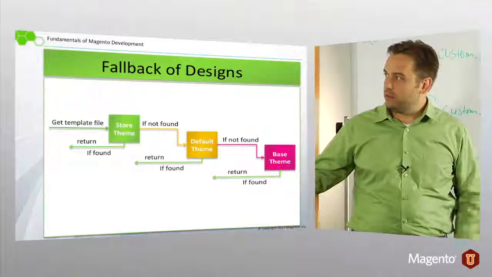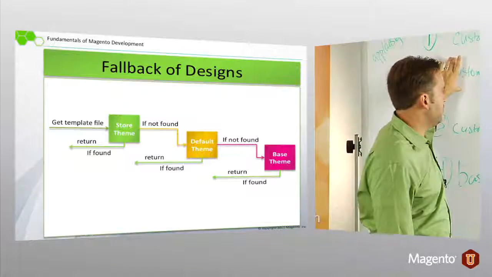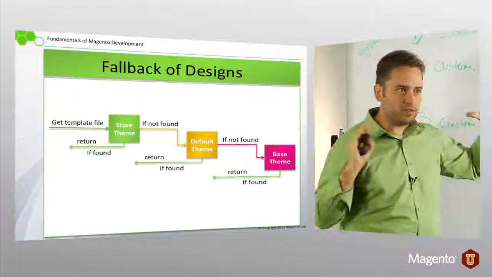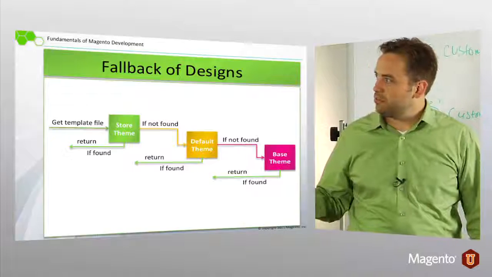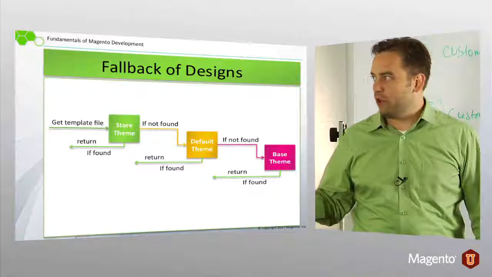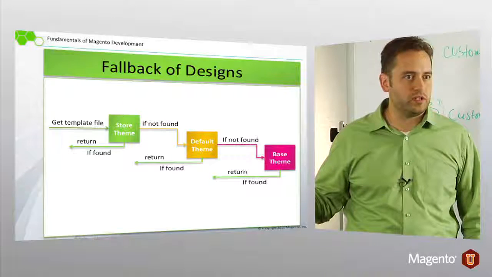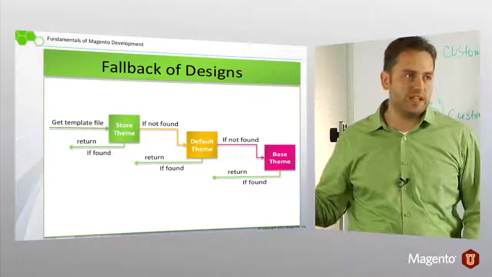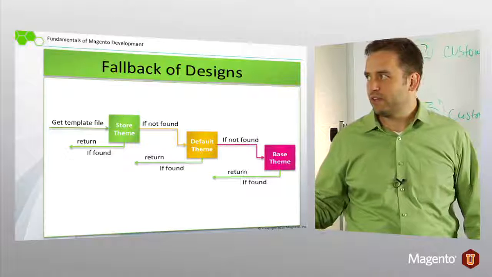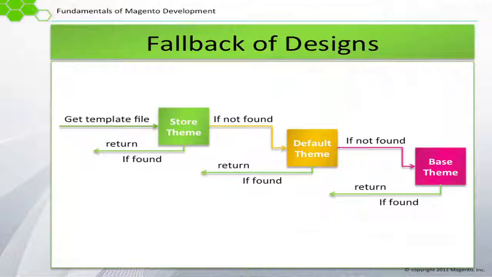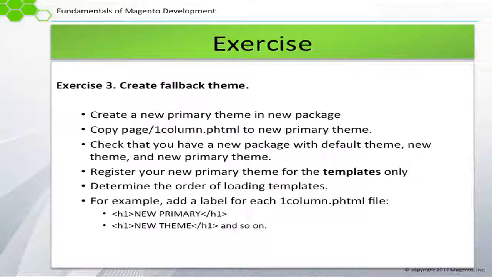And then also we have our default theme, and another default theme: the package default that the code specifies, and then the base default theme that the code specifies. That's the fallback. That's the priority. Again, it's possible to set all of these in different website or store contexts, which is just nuts.